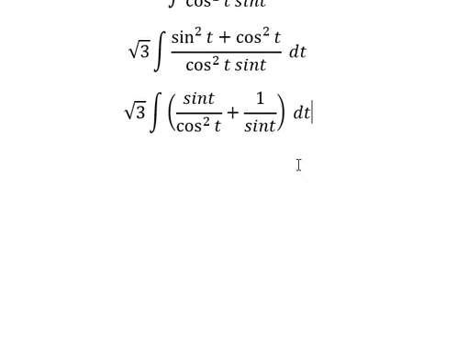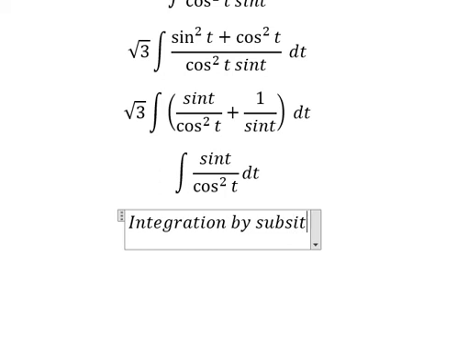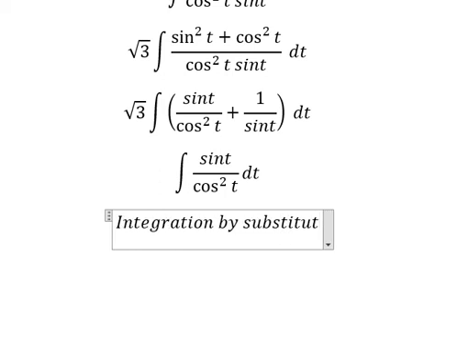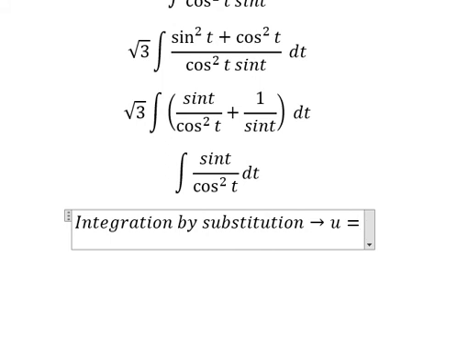Now I will concentrate on this one. So this one is integration by substitution. We put u equals cosine t.